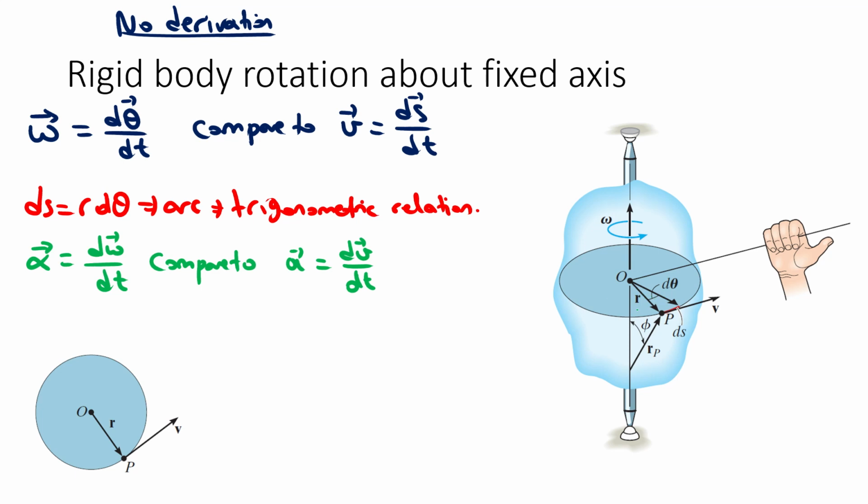The body rotates, and as it rotates, it travels through the angle d theta. So this one is the angle. I should add it here: omega is the angular velocity, and alpha is the angular acceleration.